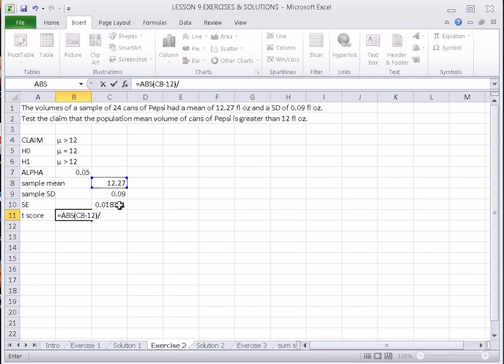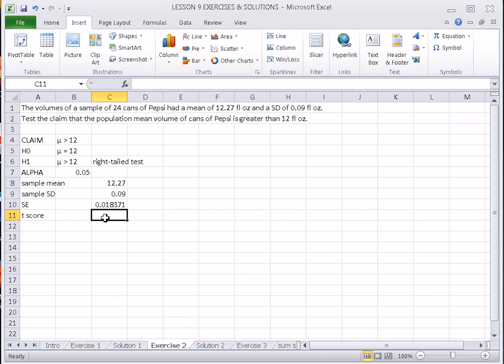Hold on a second. I'm sitting here using the absolute value. We actually don't need to use the absolute value. Unless you're using Excel 2007, you don't need it in this case, because notice that H1 is a greater than. So this is a right-tailed test. We're going to be working with the right tail.